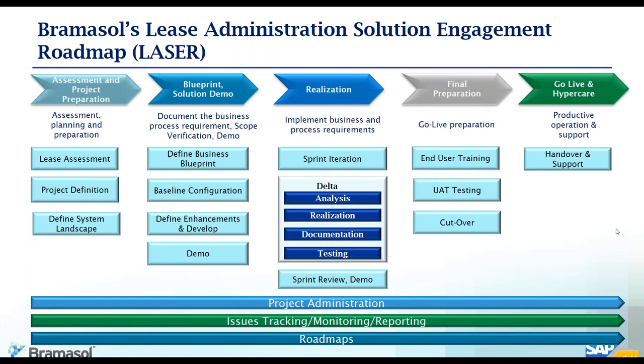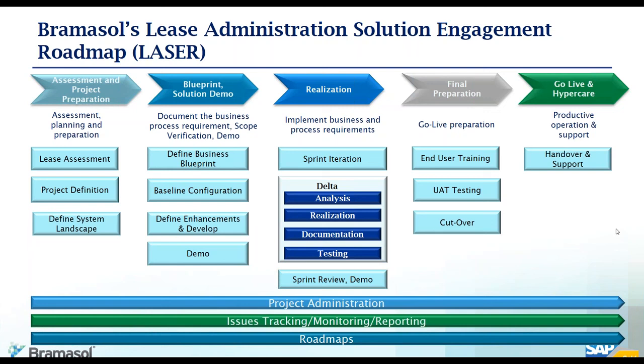The other part you can see from the start of the phase is project administration, because as I said, this is a very different kind of project. You have to make sure how you're tracking and monitoring the tracker, the RAID log, which covers risks, issues, and all those things, from the early phase of the project until go live.